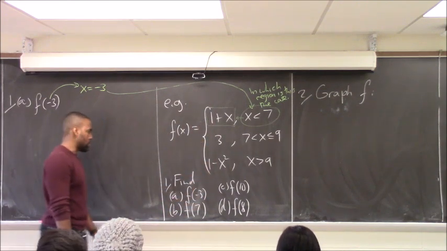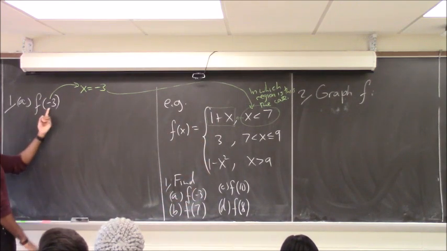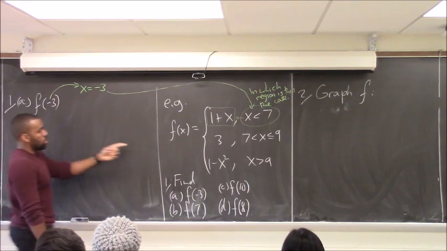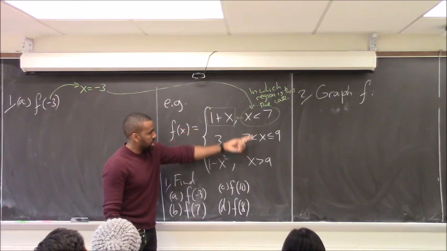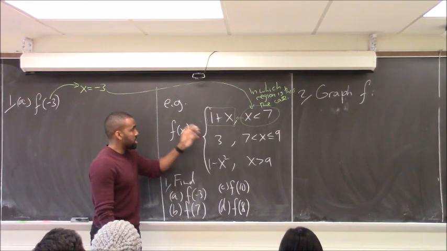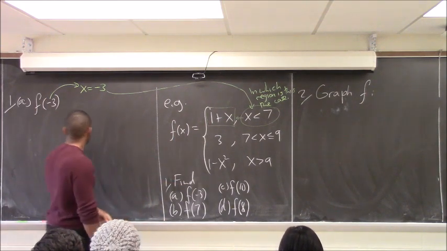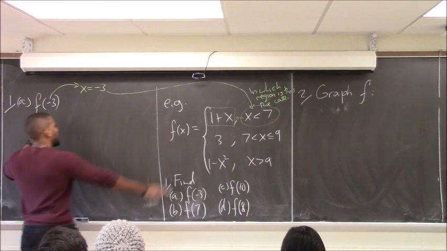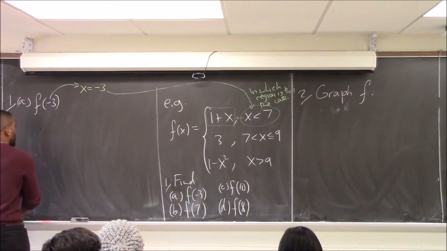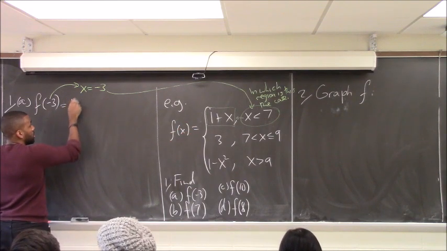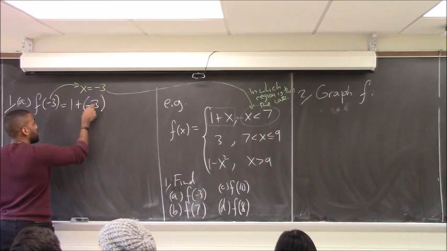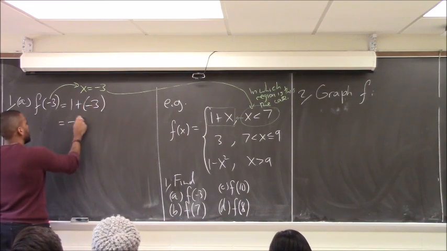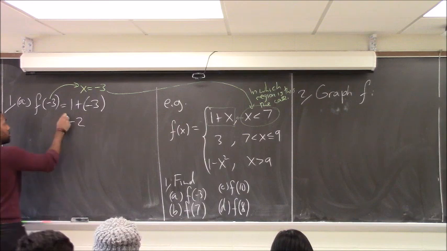That's not how they work. You notice where your x value lives, figure out which region it is in, and you only take the definition for that x value. So here, at minus 3, our function is taking on this definition, which means the x gets replaced by minus 3. And so minus 2 would be the answer.